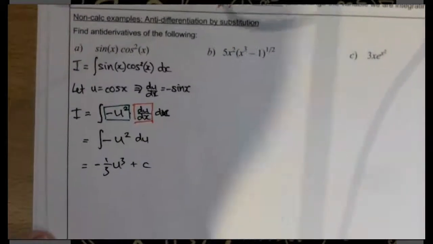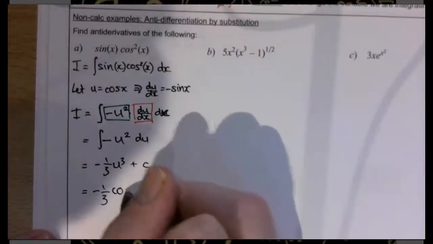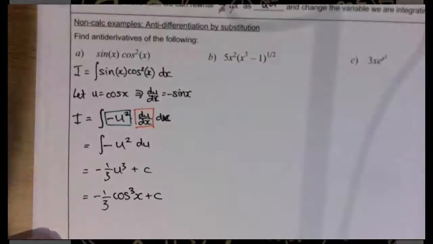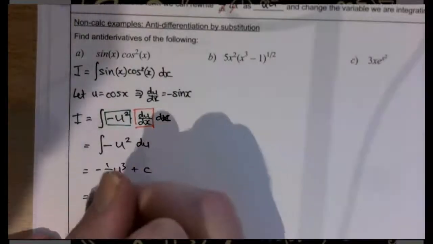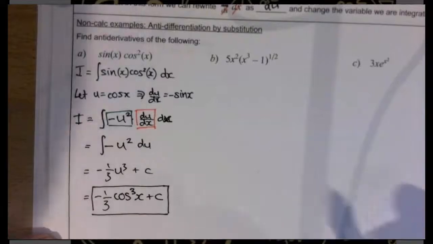And because u is a dummy variable, at the end, we just substitute back in for x, and we have the solution to the question. So what happened here? Let's recap.